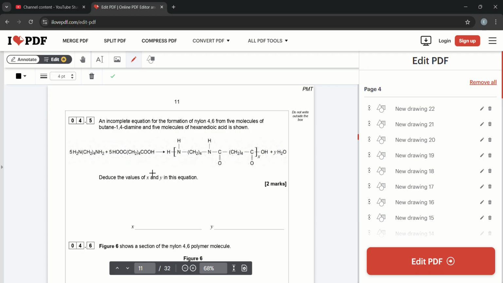X is going to be 5. Y is going to be 9. So 9 H2O, 9 water molecules. Not much to that. You can try counting it out, balancing it, etc.